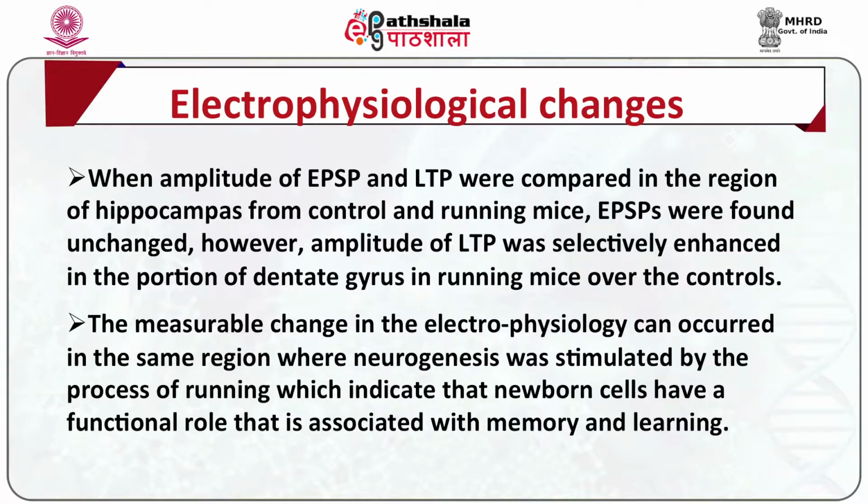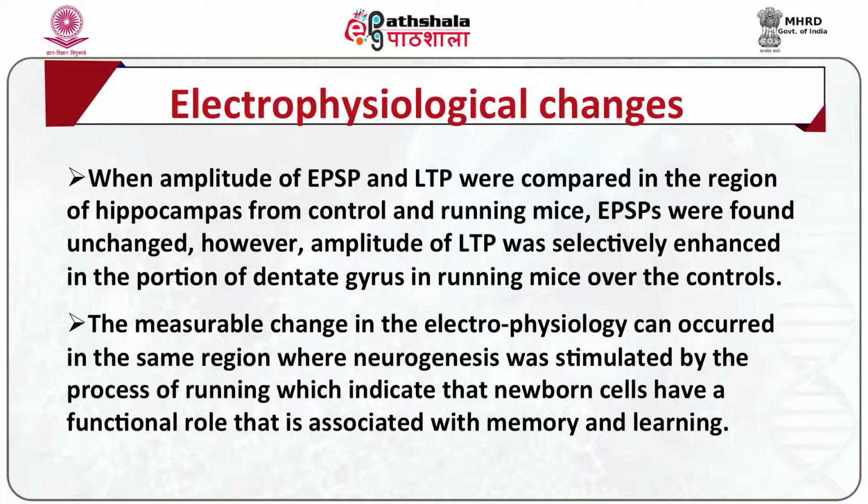When amplitude of EPSP and long term potentiation, that is LTP, a physiological model of some forms of memory and learning, were compared in the region of hippocampus from control and running mice, EPSPs were found unchanged in both groups of mice.